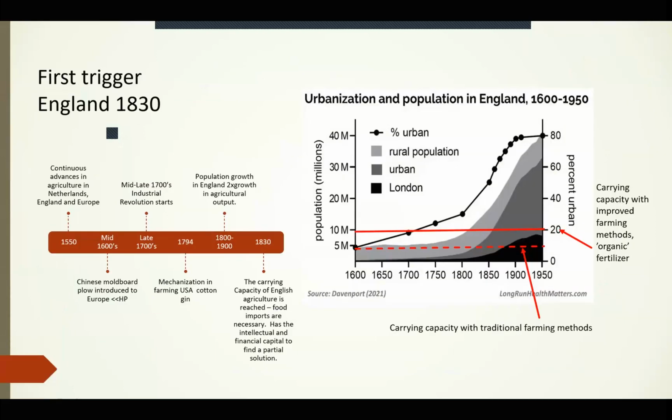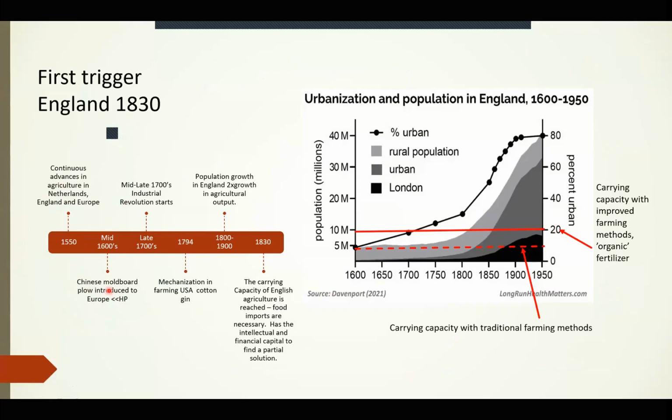Right, so how did we get to there? The agricultural advances in Europe generally are leading to a certain amount of population growth. We get a Chinese plow in the mid-1600s, which is much faster, and it literally decreases the horsepower, so you don't need to use as many horses.